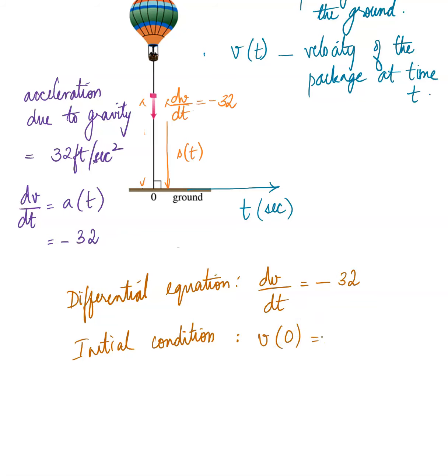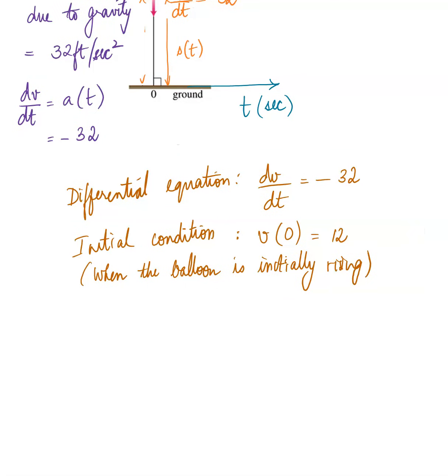Then over time it falls to the ground, but when it is dropped it is time 0, so v of 0 is given to be 12, and this is when the balloon is initially rising. I'll just say that. When the balloon is rising, that's when the package is dropped, so they match there.